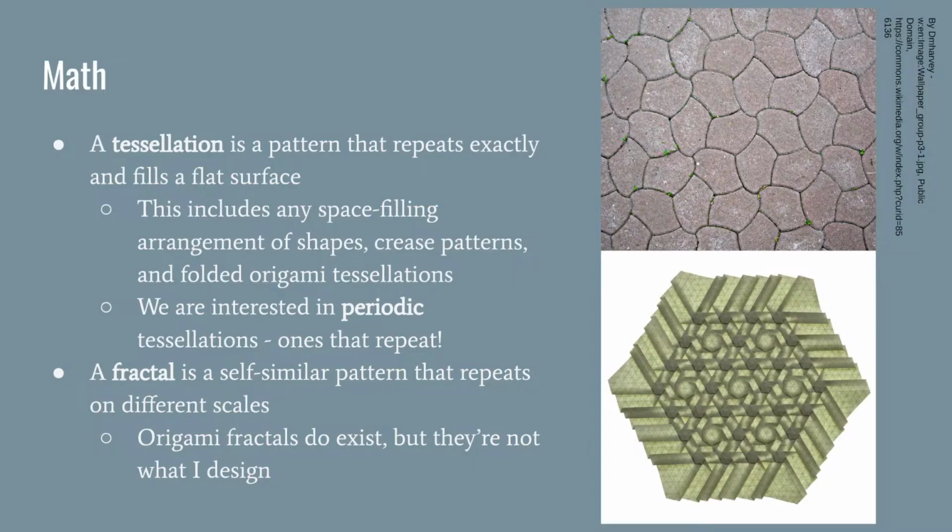So whenever we see origami tessellation or origami fractal, it's kind of a subset of a tessellation, a pseudo-fractal. So there's a little bit of translation that we usually leave out when we're talking about these mathematical constructs.